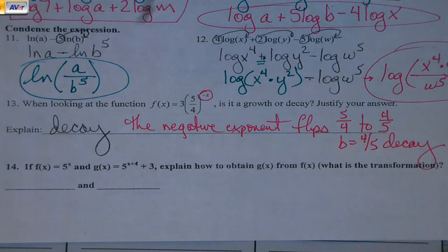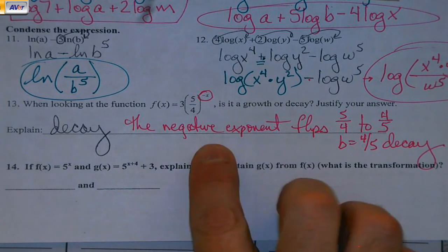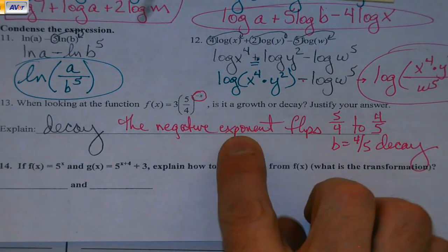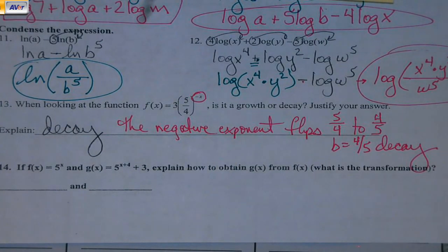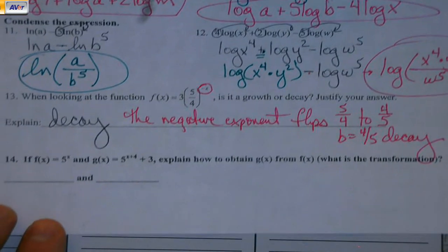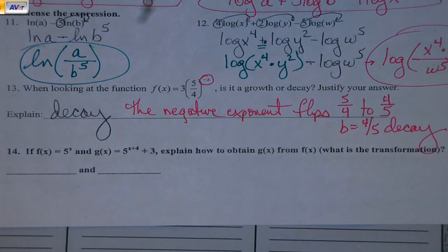You've got to get both pieces if you want full credit for this. The negative exponent's there, but that's not the only reason. What does the negative exponent do? Negative exponent causes a reciprocal. If you don't want to put in numbers, you can just use words. But you've got to get both of those parts to be able to get credit for that. Okay? And it can't just be based on the picture on your calculator.